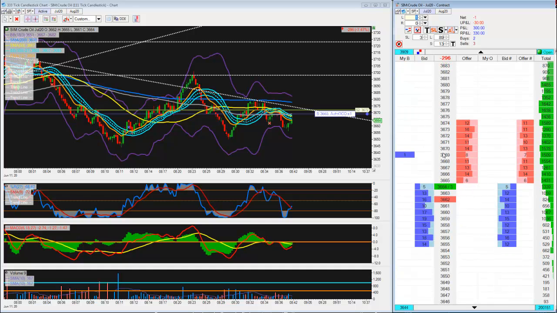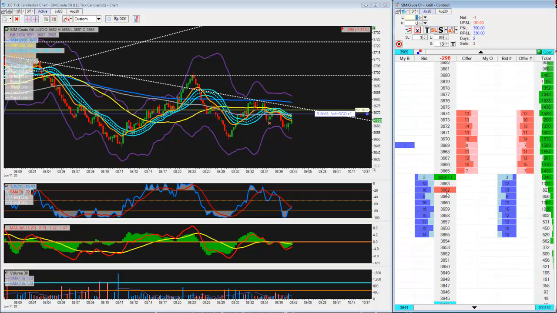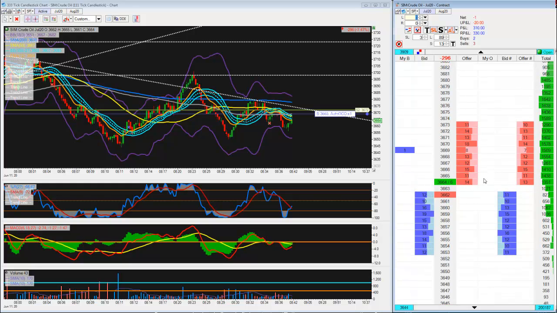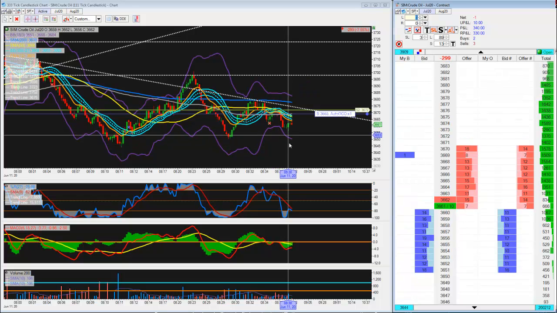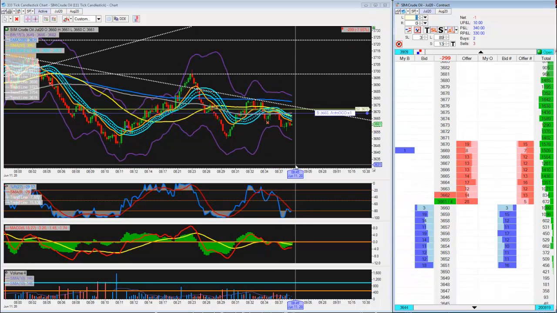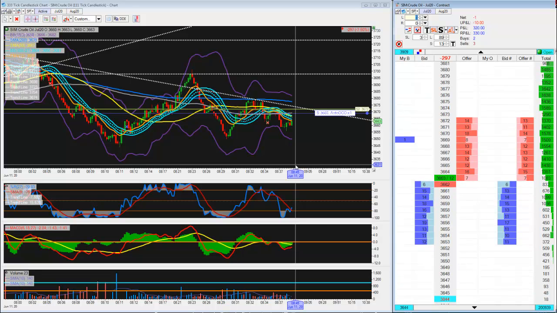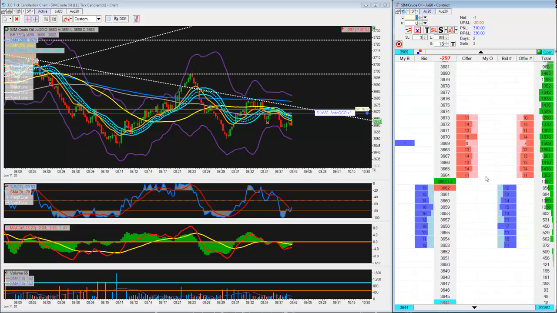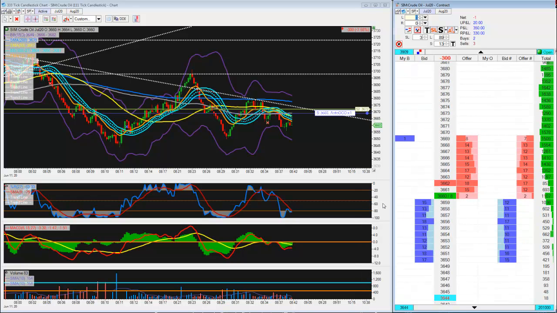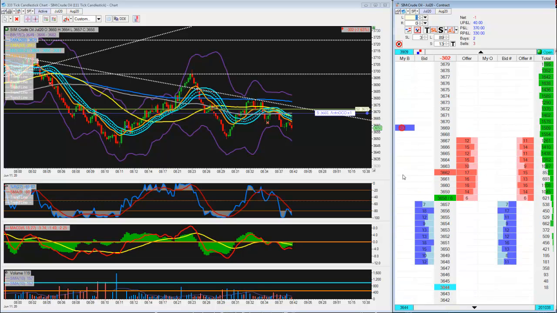And let's not give back any more. Need to get under here now. All right, let's protect.